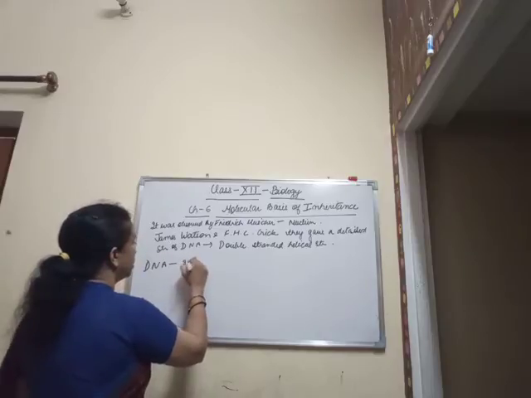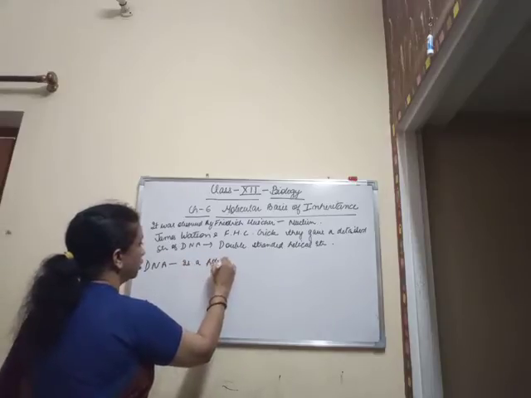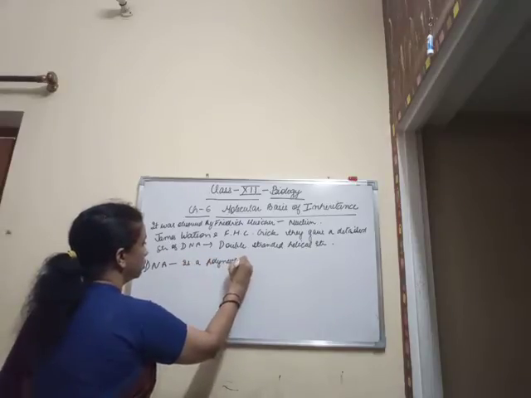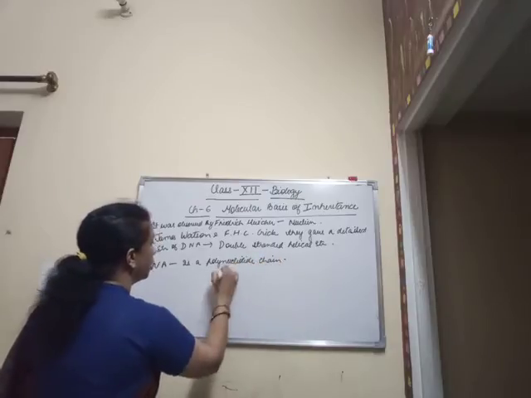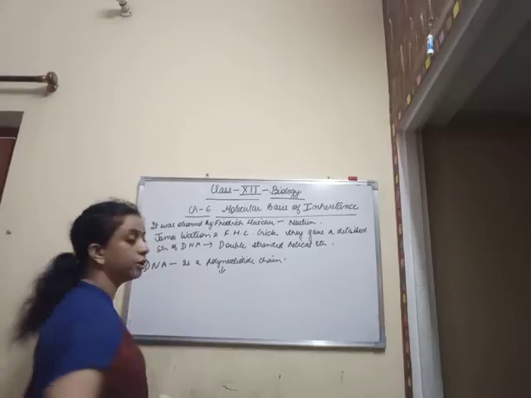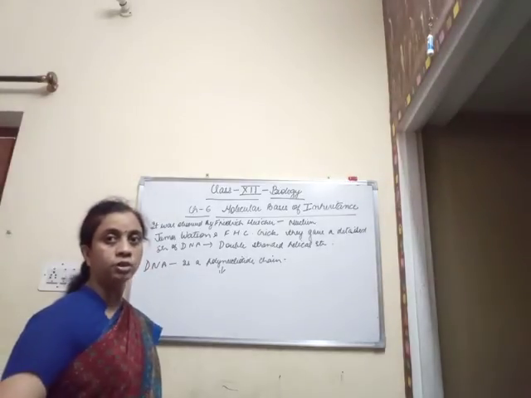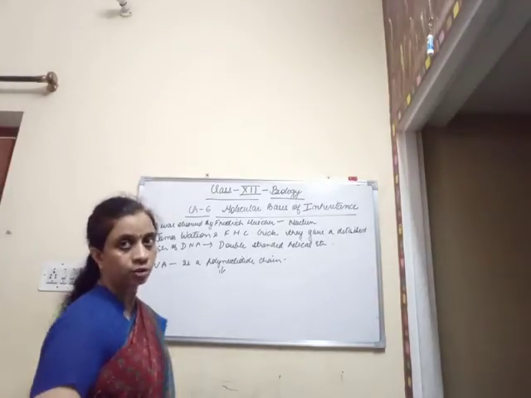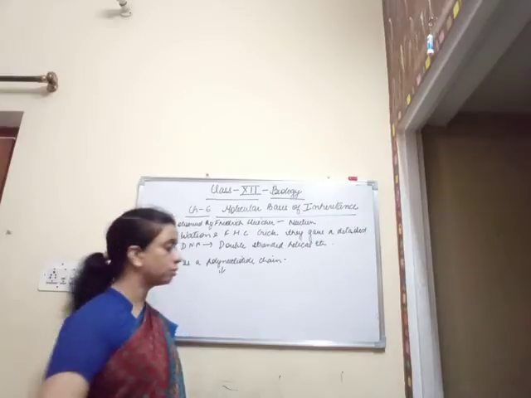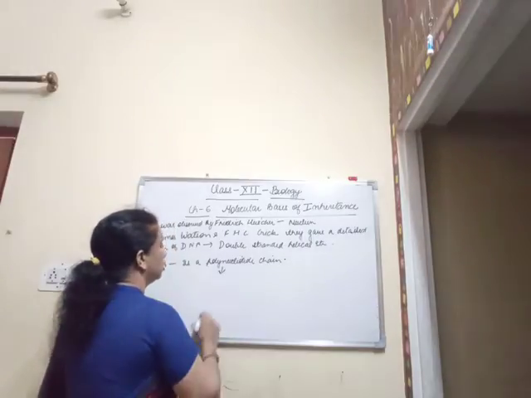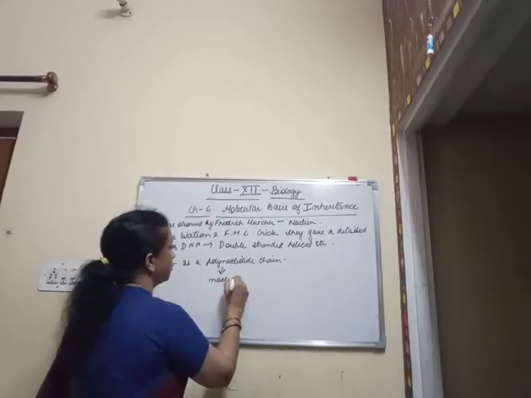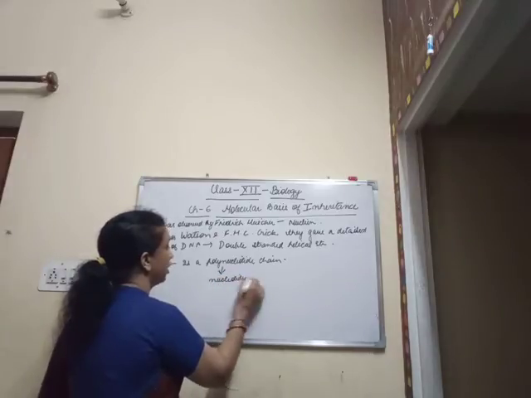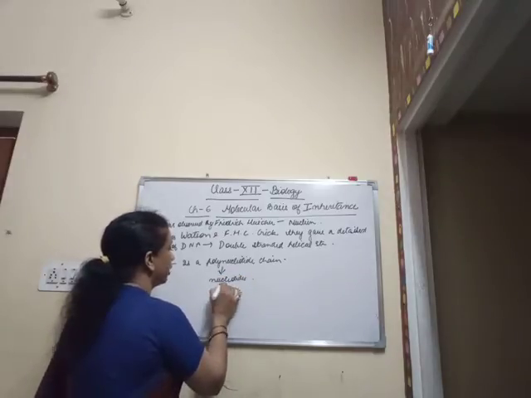DNA is a polynucleotide chain, and it comprises several nucleotides which are linked together with 3' to 5' phosphodiester bonds. Clear? Each nucleotide has three component parts.